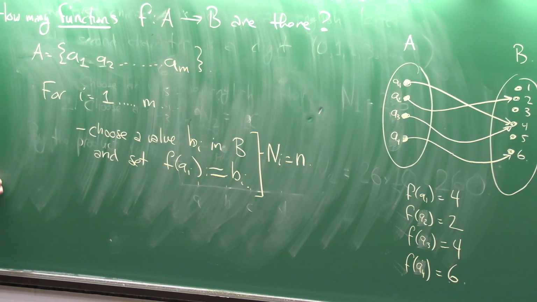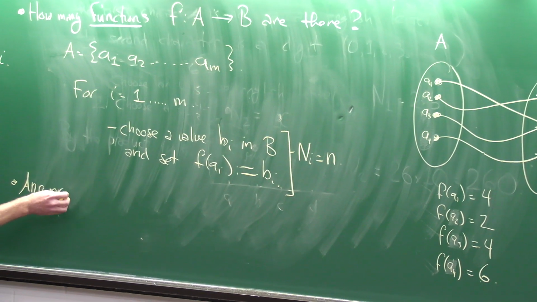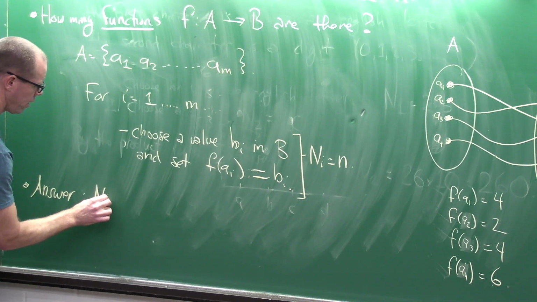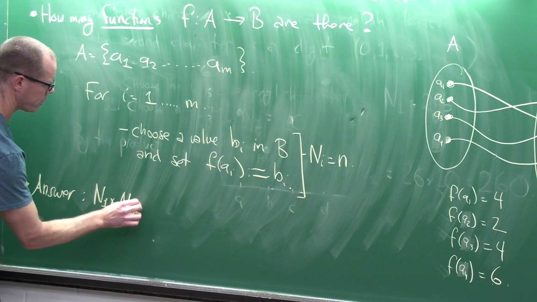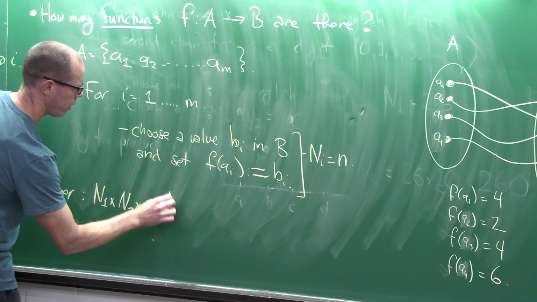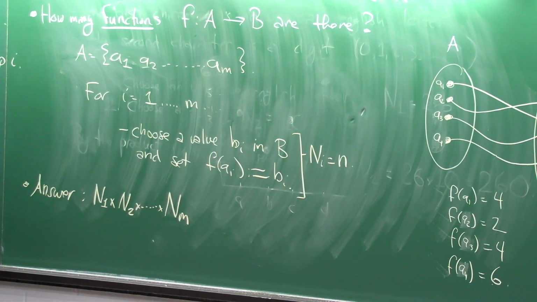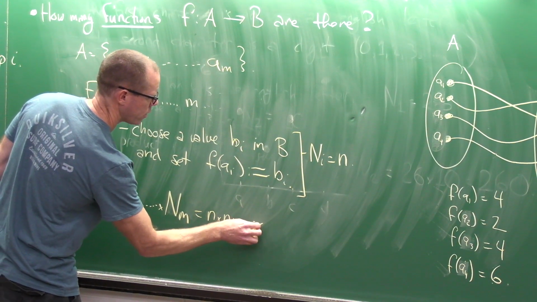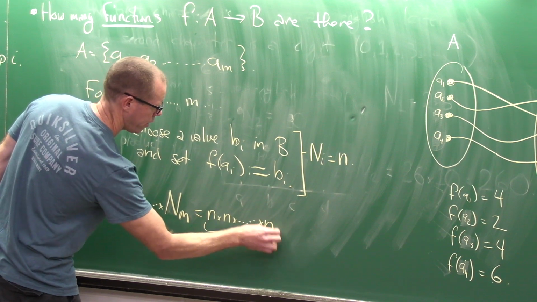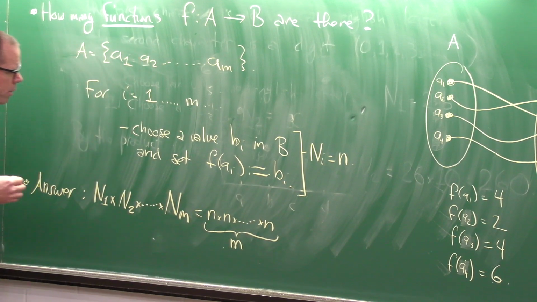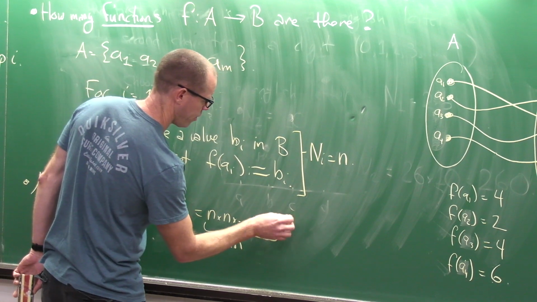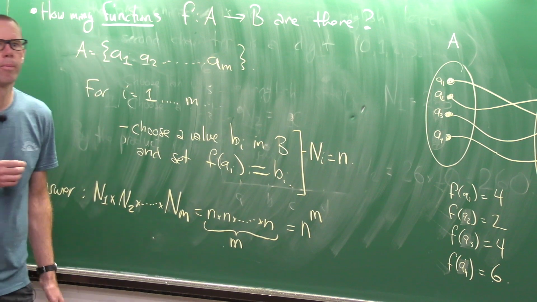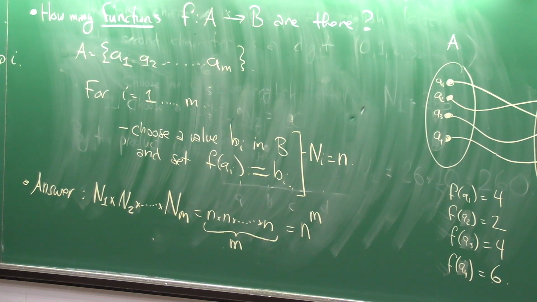So the answer, how many functions are there from A to B, is n1, by the product rule, times n2, and so on, up to nm. That's n times, and so on, m times, which is n to the m. Okay?